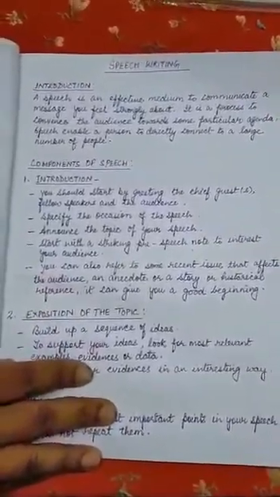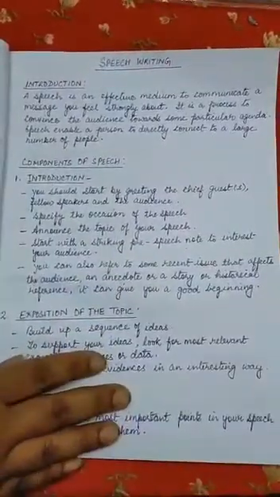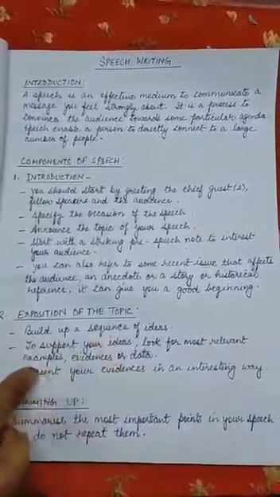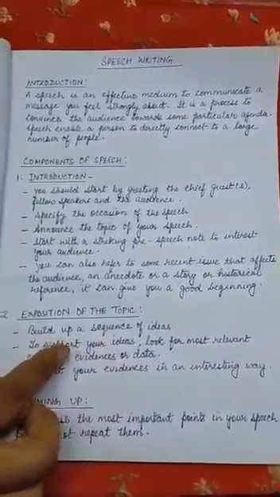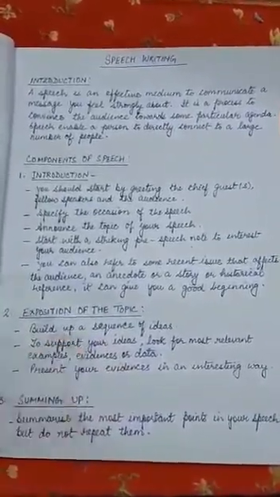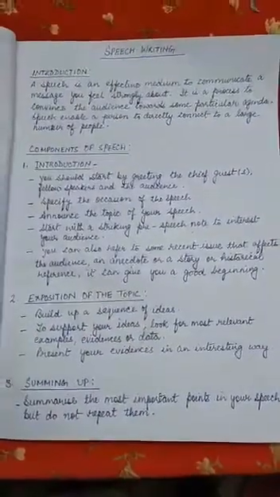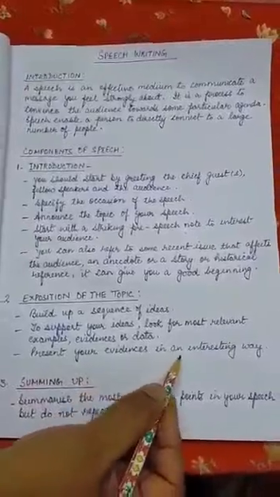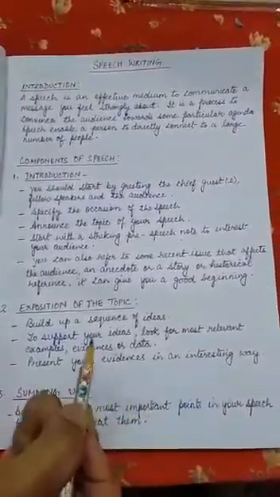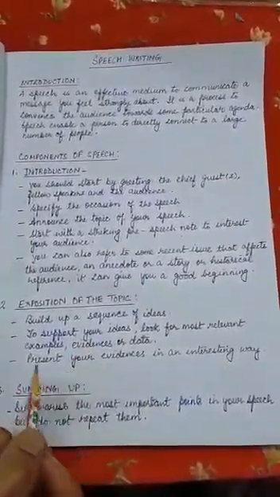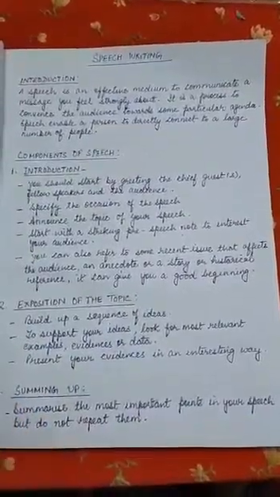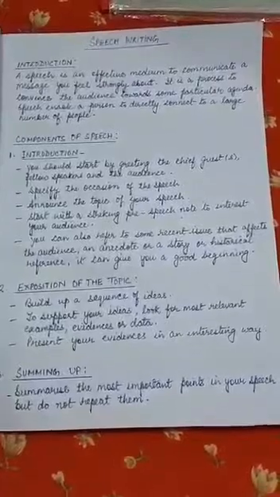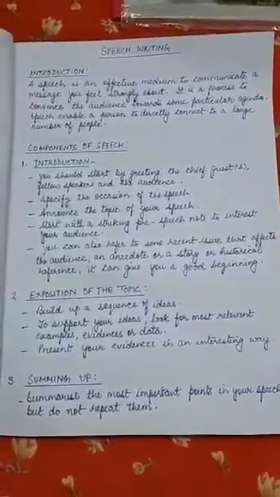So students who do their research well will never fall short of points to write on. This makes your speech more relevant and interesting. The last point is to present your evidences in an interesting way. Whatever the example, data or evidences you are presenting before the audience, you should present it in a very interesting way.